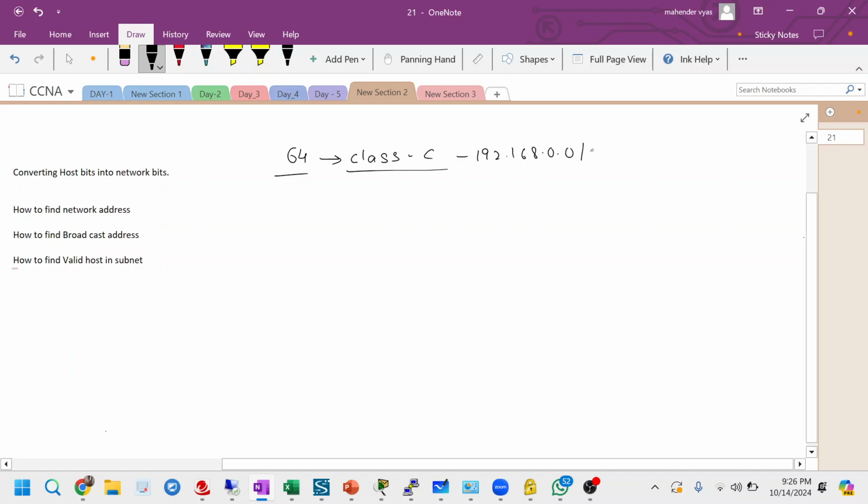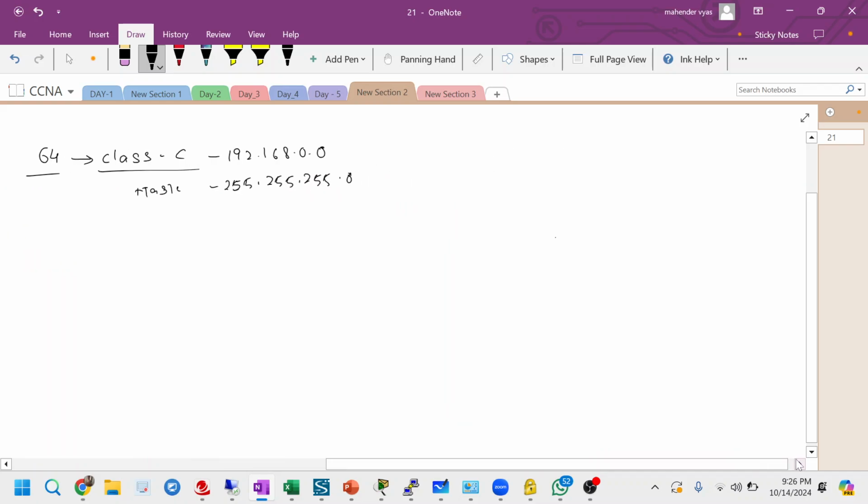Default subnet mask we take /24 for class C, that is 255.255.255.0, right? So by default, how many hosts are we getting in class C? 8 bits. So how many addresses would it be if you get all 8 bits?